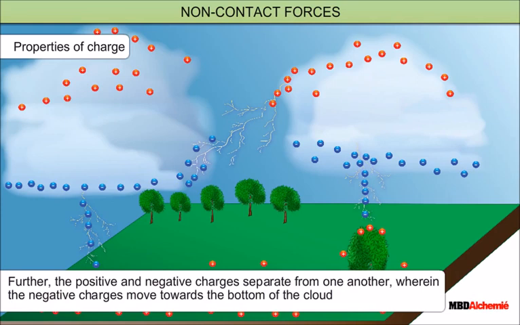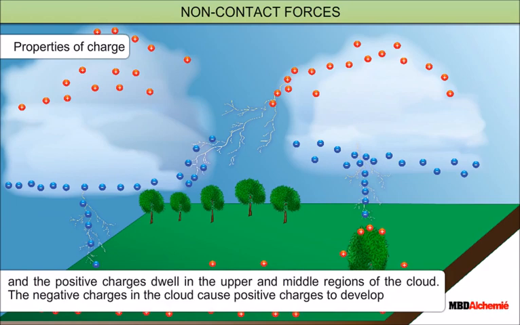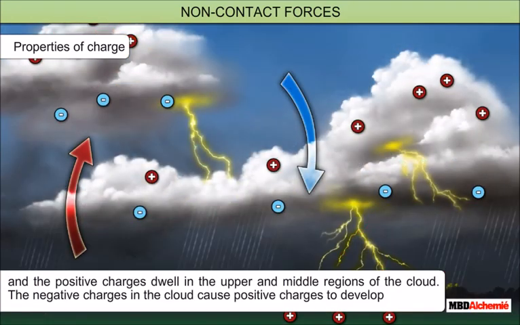Further, the positive and negative charges separate from one another, wherein the negative charges move towards the bottom of the cloud, and the positive charges dwell in the upper and middle regions of the cloud.